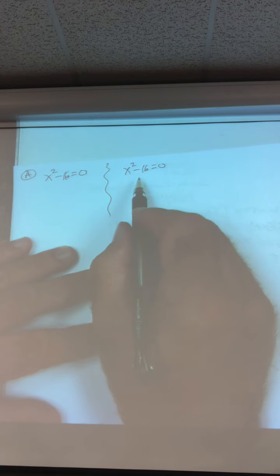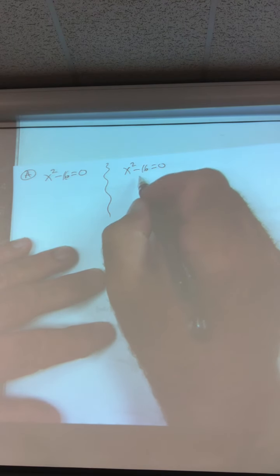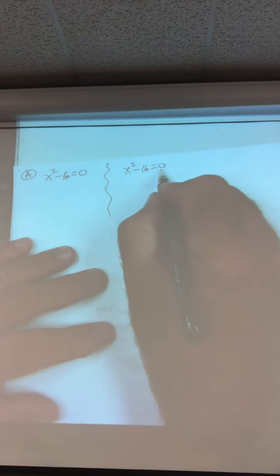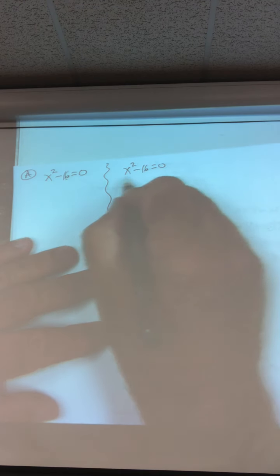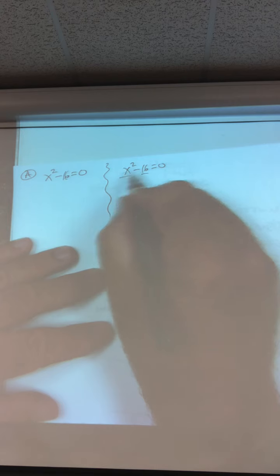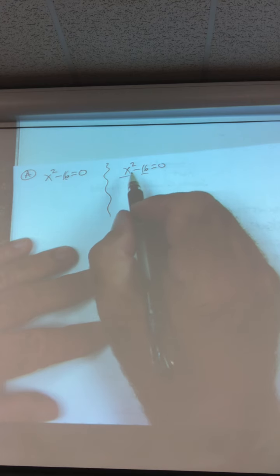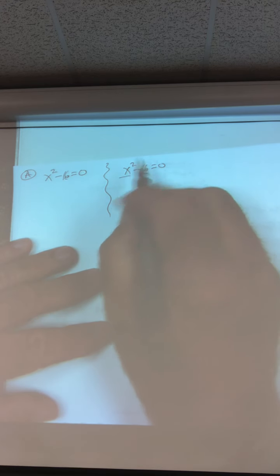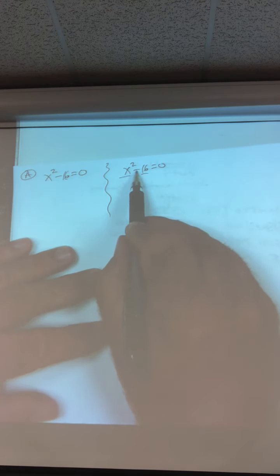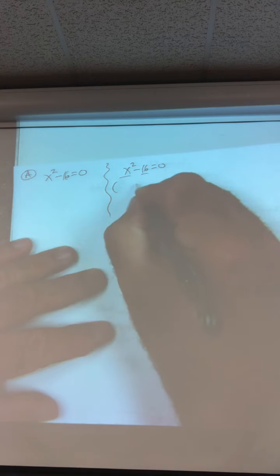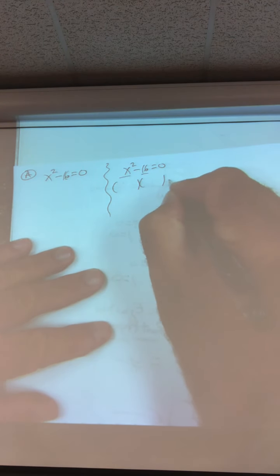Don't write this down. How do we solve it by the factoring method? First, it has to be set to 0. It is. Secondly, factor this. Okay, it's a binomial. There's no GCF. So the only two things it can be if it factors is either squares or cubes. Is this the difference? Yes. Of 2? Yes. Perfect square? Yes. So this is the difference of two perfect squares.